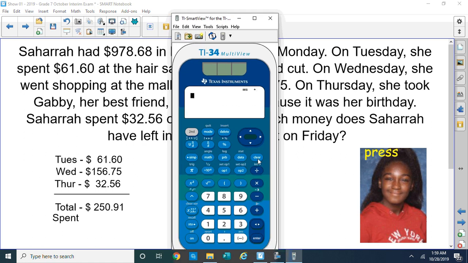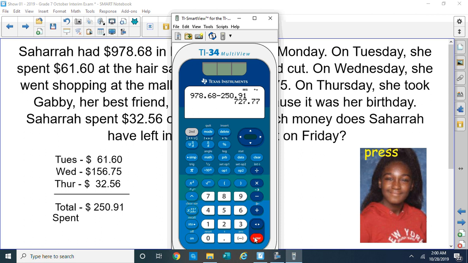Clear this out. And we would type in the amount of money that she had on Monday, $978.68, and subtract from it, find the difference of what she has spent and what she had. So she spent $250.91.